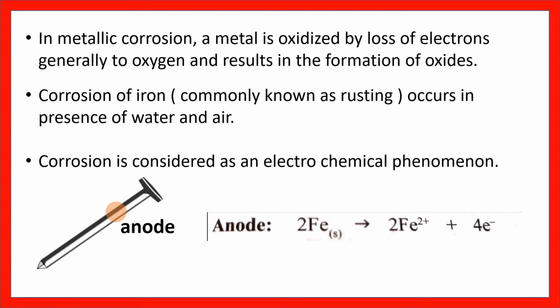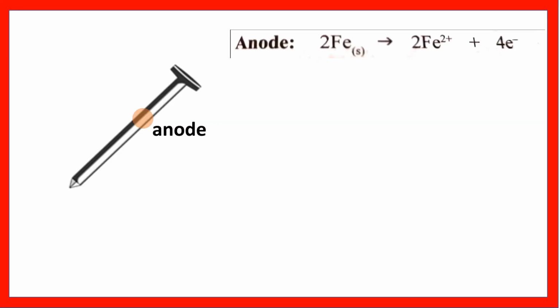We can write the reaction at this anode as: iron, by losing electrons, becomes ferrous ions, Fe2+ ions. The electrons are released at this anode spot.